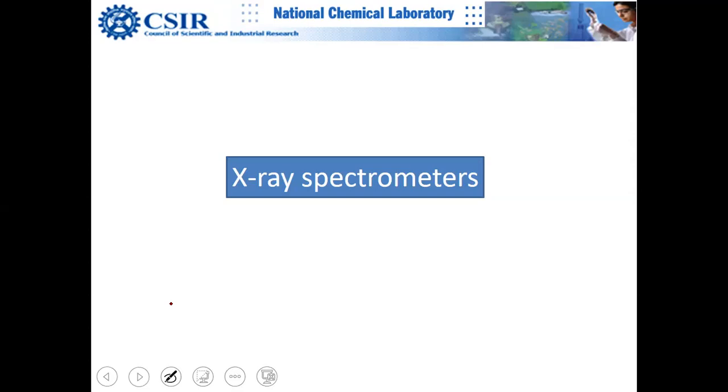I will tell you in detail about X-ray spectrometers, their limitations, advantages, what to do, what not to do, how to do the analysis, what precautions, what kind of spectra you get, and what problems students normally run into.